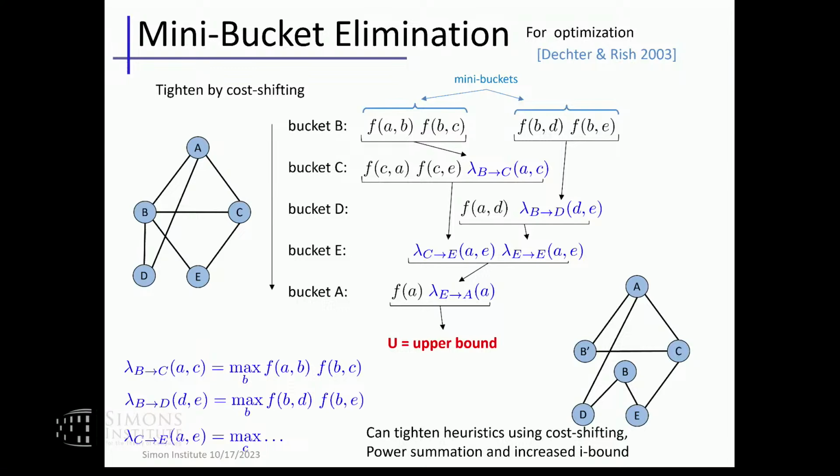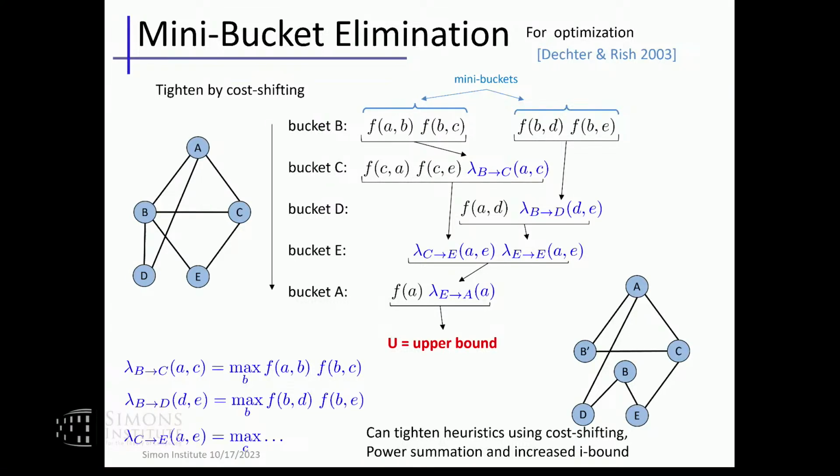You have the input functions, and you are sending messages from one variable to another by variable elimination. You can bound the size of the message by partitioning, and not sending a full message on all the functions, but just smaller functions. And you can control the size of the function by a parameter like an i-bound that says how big the message that you are sending would be.